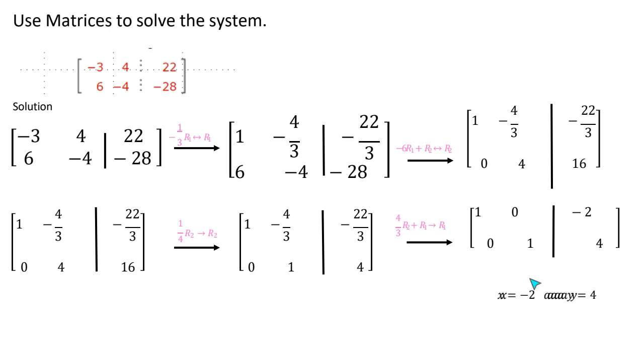And so now we can get our answer. X is equal to negative 2, and Y is equal to 4. Okay, so X is negative 2, and Y is 4.